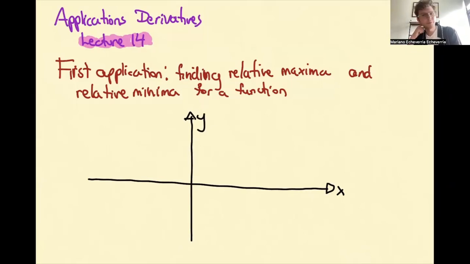If you remember, a good idea for thinking about a function in terms of its graph: the graph of a function gives you a curve on the xy plane, but you should think of that curve as some sort of roller coaster.